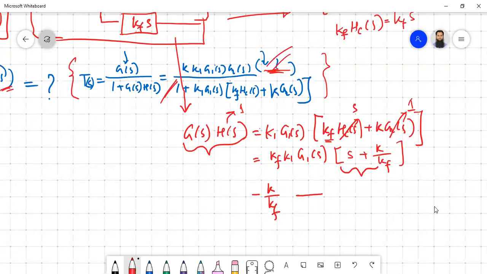So based on the value of K and Kf, we are going to reshape the root locus to obtain, or to go through, the desired point.